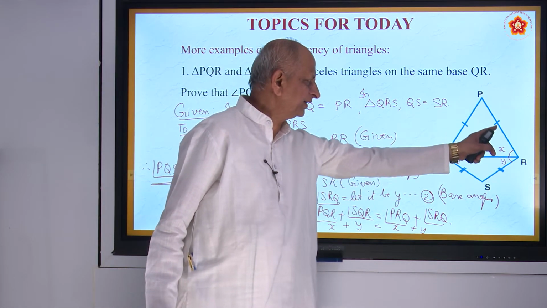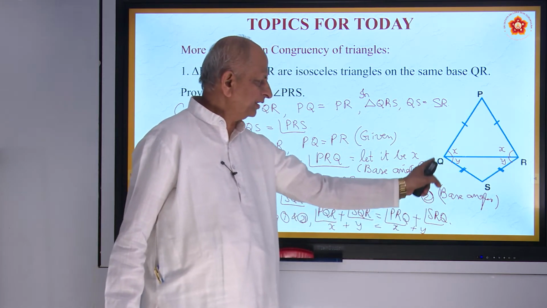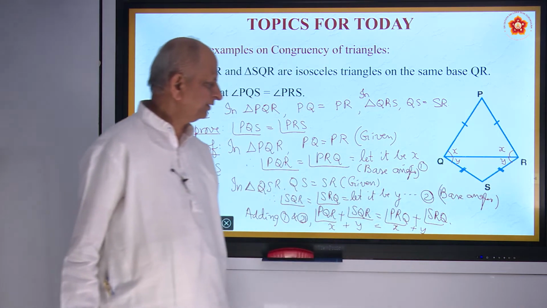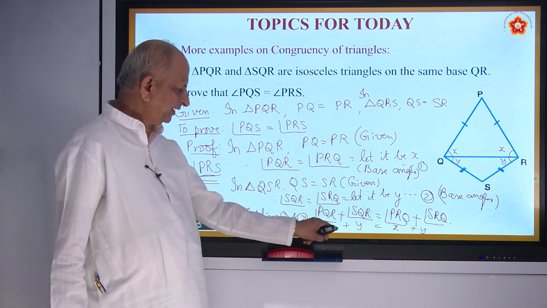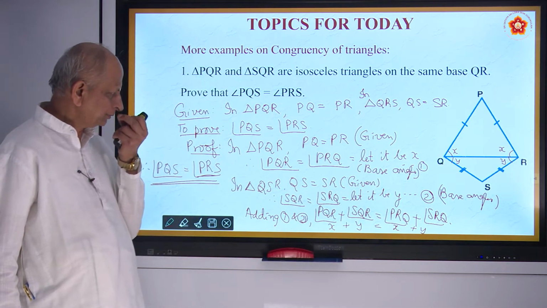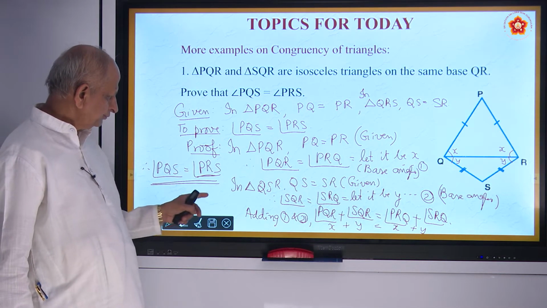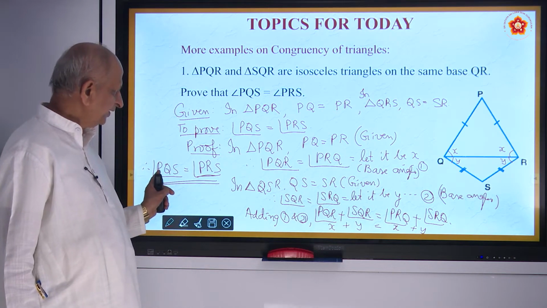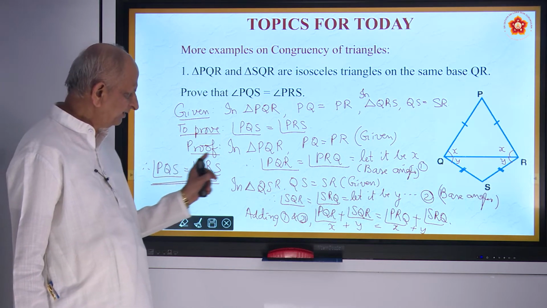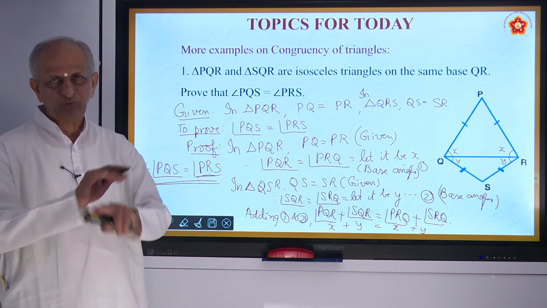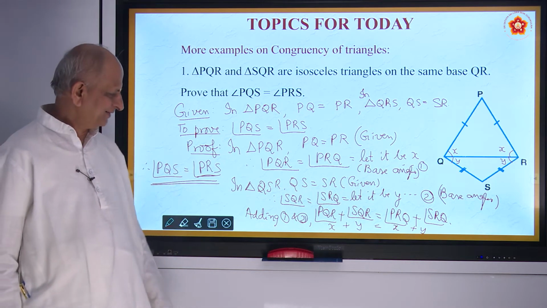We said base angles are equal. Here also these two isosceles triangles, the two sides are equal, base angles are equal. So added left hand side X plus Y, right hand side also X plus Y. Therefore, if you add these two small angles, you get PQS on the left side, and on the right side you get PRS. So two angles are equal.